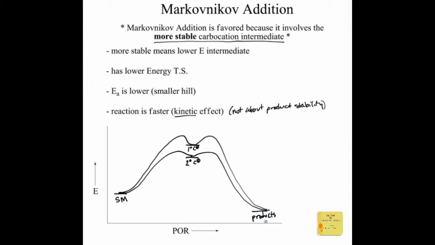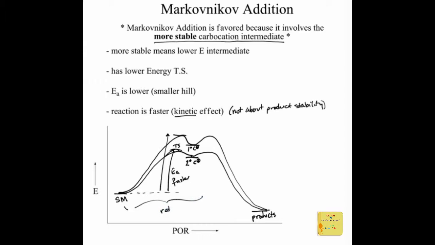And if we look at these two paths and we ask which one is faster, it's going to be going from the starting material energy up to that transition state energy. My curve missed that a little bit. Here's our transition state. This is our energy of activation. Trying to go up to this transition state is going to be a larger hill to climb, so this is the faster reaction. Okay? And this part, formation of that carbocation, is going to be our difficult step.